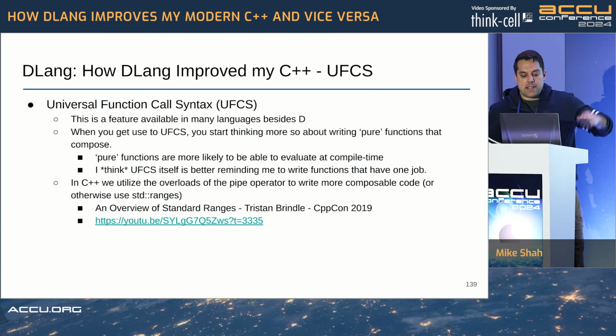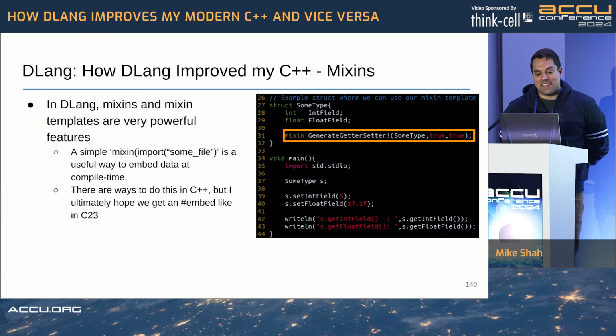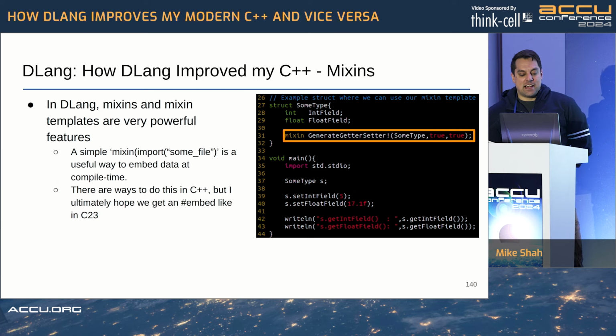Universal function call syntax. Again, I've mentioned how much I like this, so I don't need to keep mentioning it. We'll keep moving on here. Mixins, again, I just have to emphasize that I hope we get something like this in C++ for embed, to be able to bring in code, and it's a really nice way to embed resources. C23 has it.